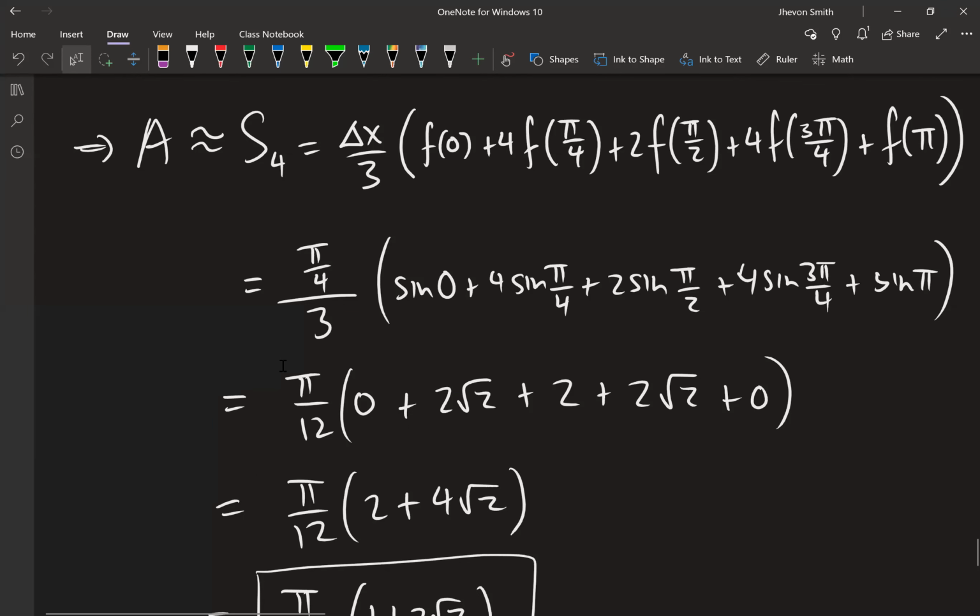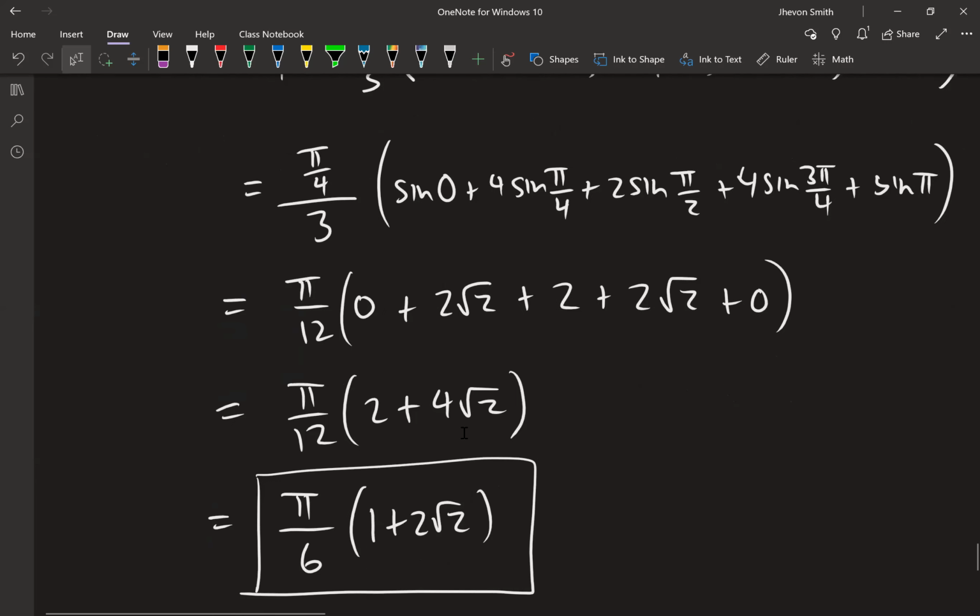Because if you take a look at what you solved, you see 2 pi over 12, right? If you simplify, you get pi over 6. And 4 radical 2 pi over 12 would be pi radical 2 over 3, plus pi over 6.